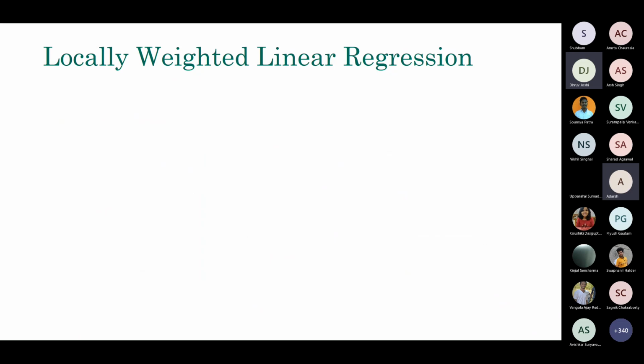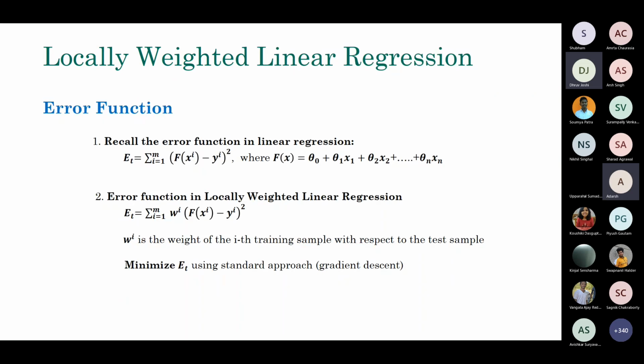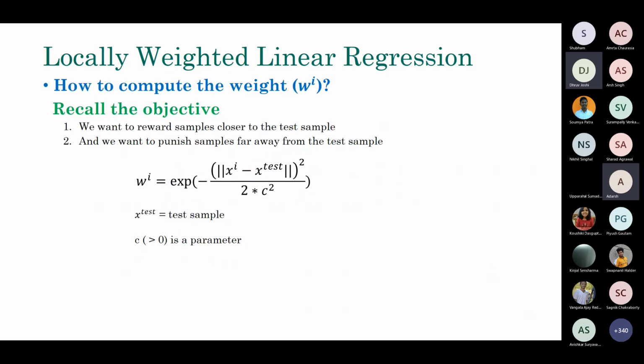This expression is based on solution number 2, and here wi in particular is the smooth weight function. So essentially I am encoding solution number 2 which we discussed.